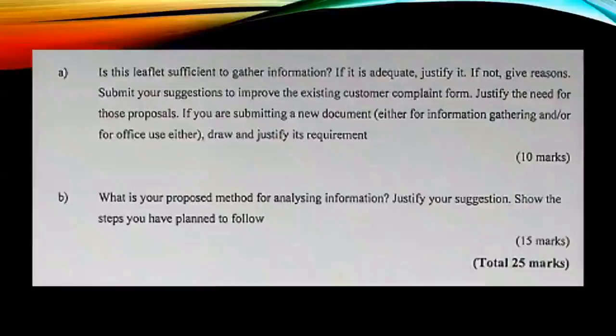If it is not enough, then because you are a manager, you are required to say those are the reasons for my justification. If you are not satisfied, you have to mention the reasons for the dissatisfaction. If it is not enough, then you are required to prepare a suitable complaint form.